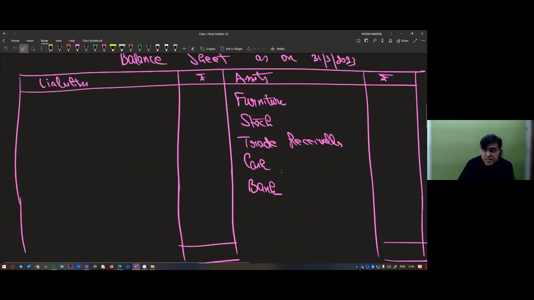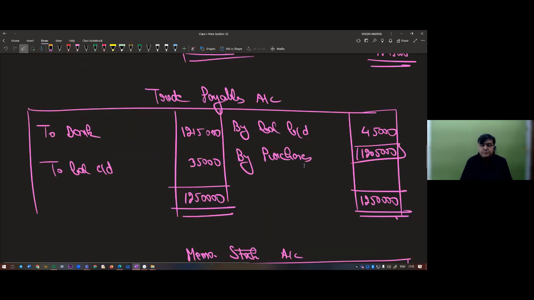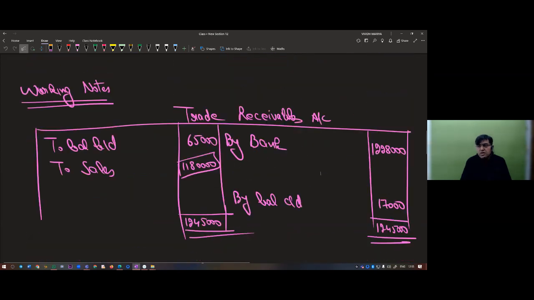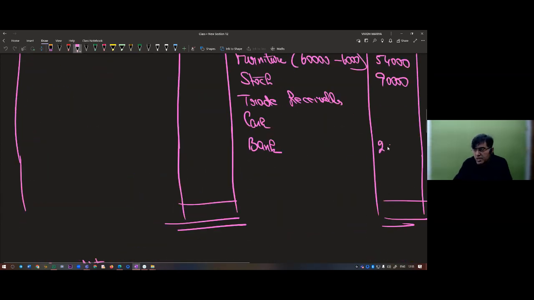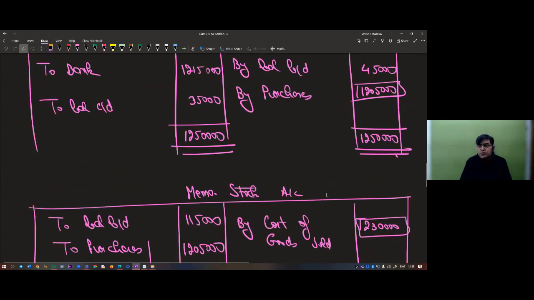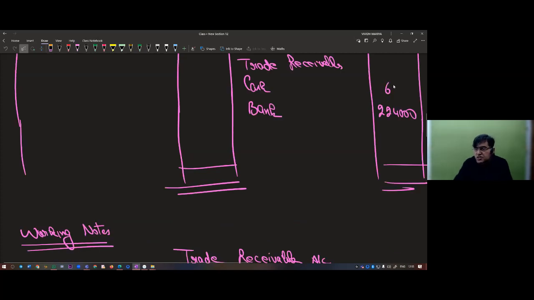Furniture is 60,000 minus 6,000, it is 54,000. Stock is 90,000. Cash or bank: bank is 2,24,000. Cash is 6,400.